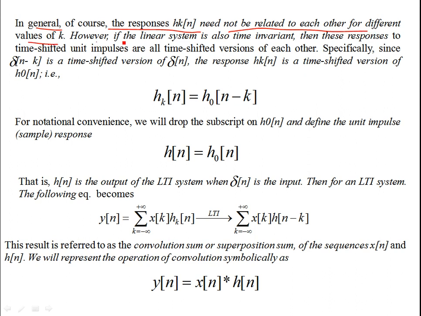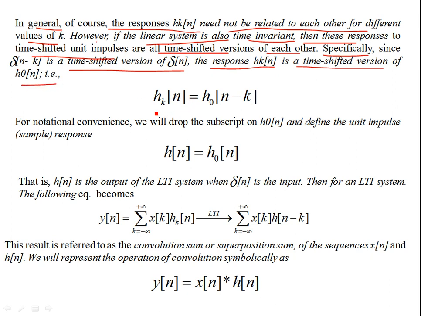However, if the linear system is also time invariant, now comes in the time invariance, then these responses to time shifted unit impulses are all time shifted versions of each other. Specifically, since delta n minus k is the time shifted version of delta n, the response hk of n is a time shifted version of h naught of n.